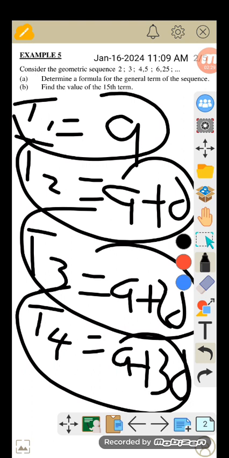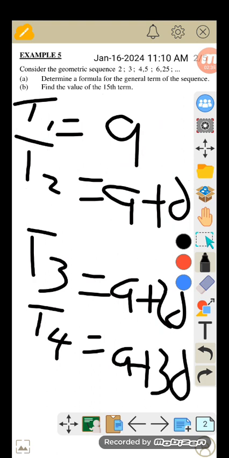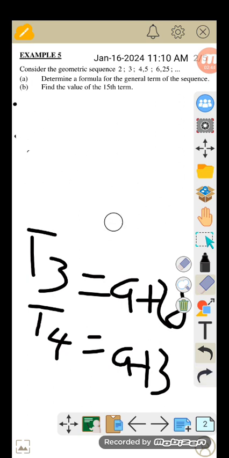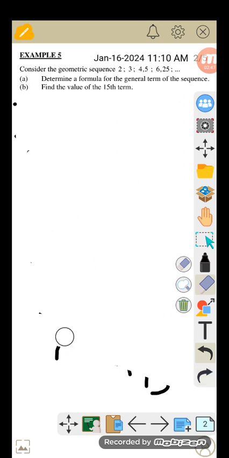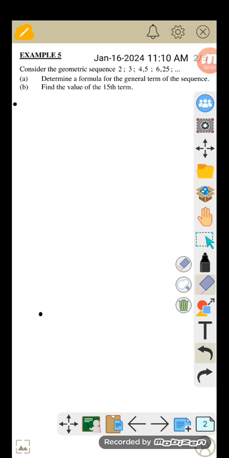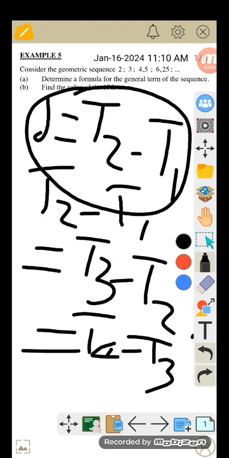Even when you look for your common difference, you can just use this formula. Before finding your general formula, you know that your first term will always be there. Your first term is A, right?